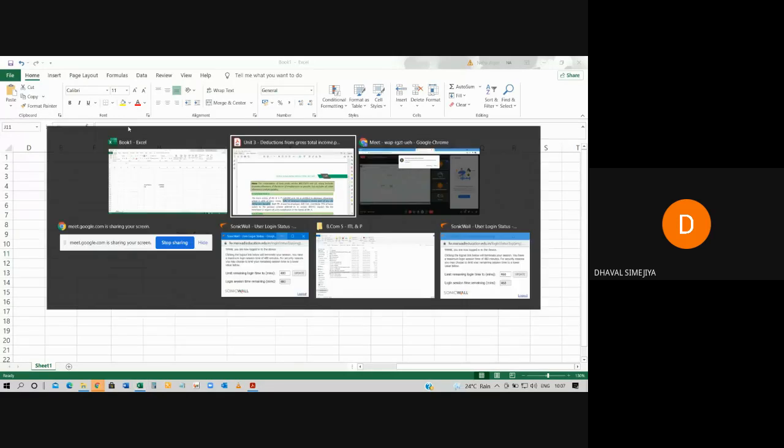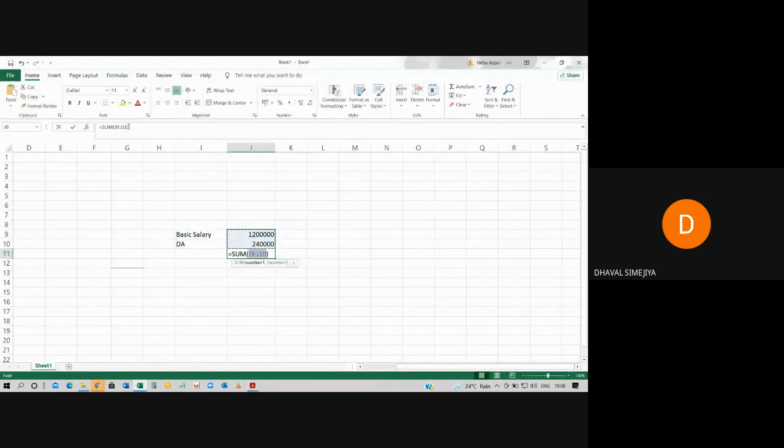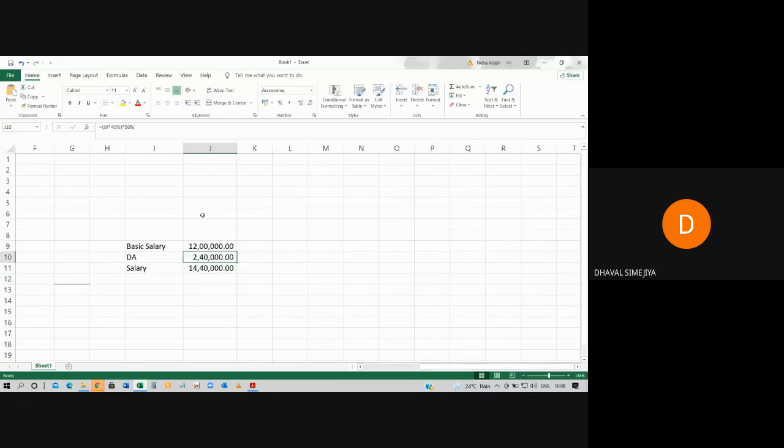Now for calculating pension, we will consider 14,40,000 rupees as salary. Is it clear? Why 14,40,000? 12 lakh, 2,40,000, and that makes 14,40,000 rupees. Done?